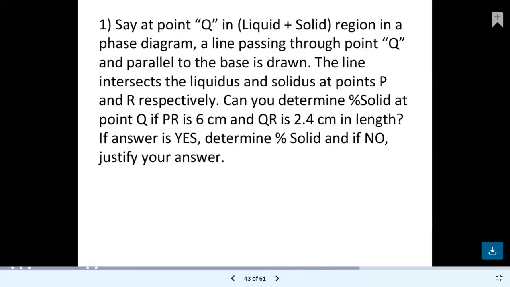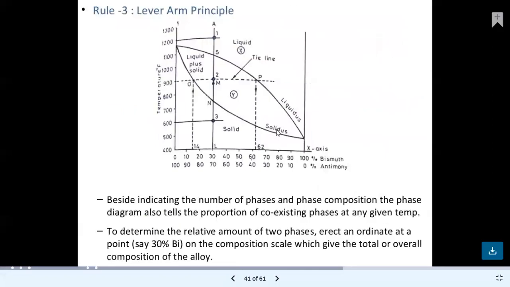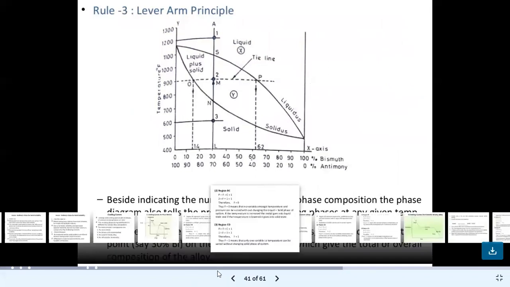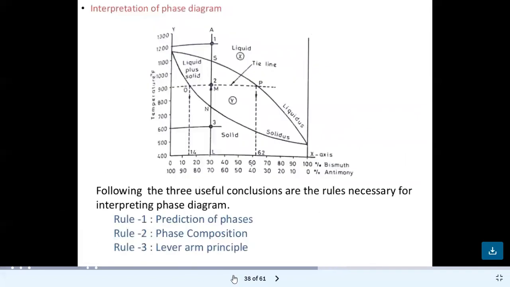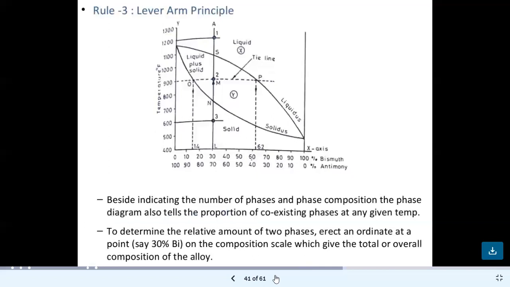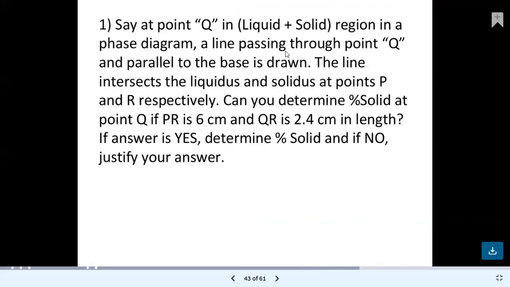First point is, say at point Q. Q means, we see the diagram. So consider any point Q. Say at point Q in the liquid plus solid region in a phase diagram, a line passing through the point Q and parallel to the base is drawn.